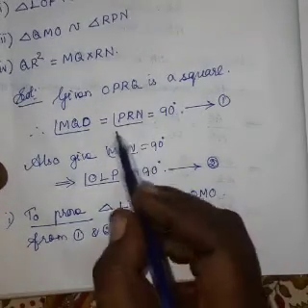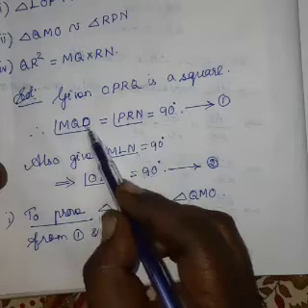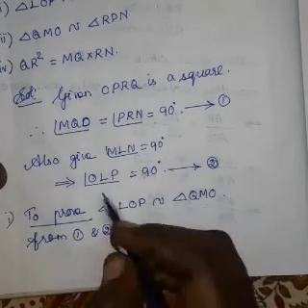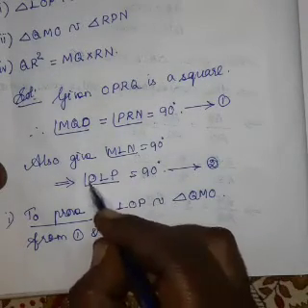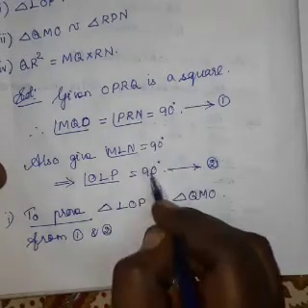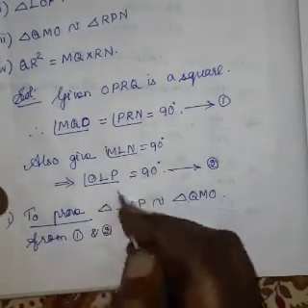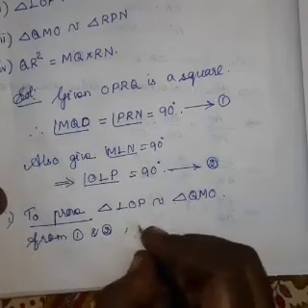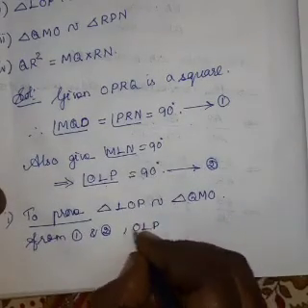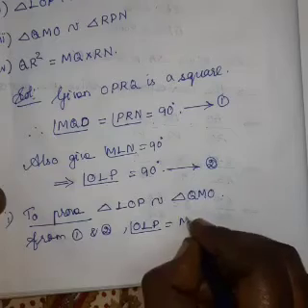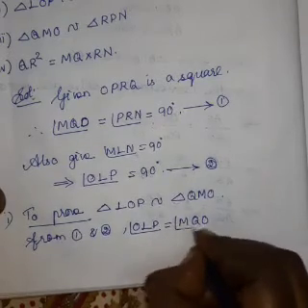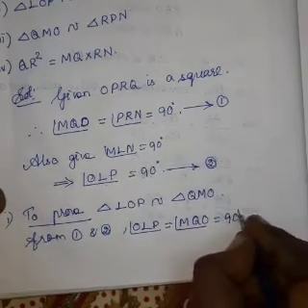In the first condition, MQO is equal to 90 degrees. In the second condition, angle OLP is equal to 90. So both angles are equal: OLP equal to MQO is equal to 90 degrees.